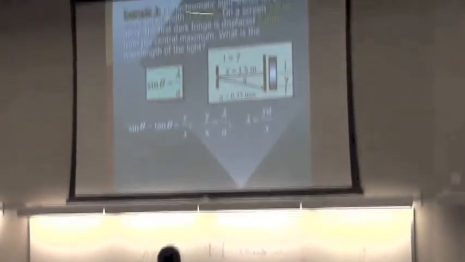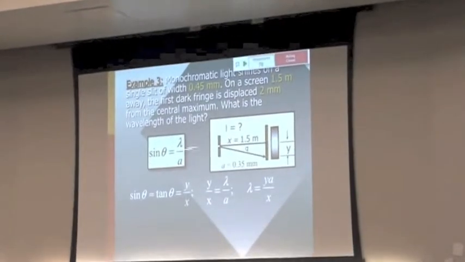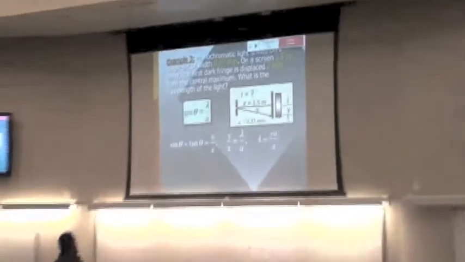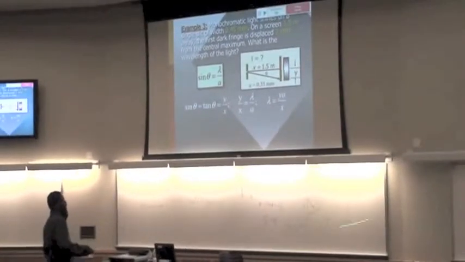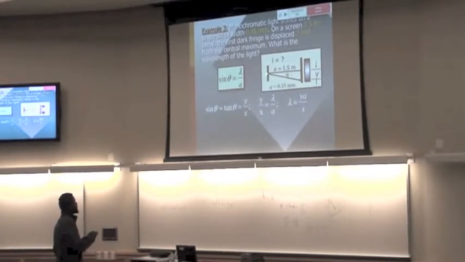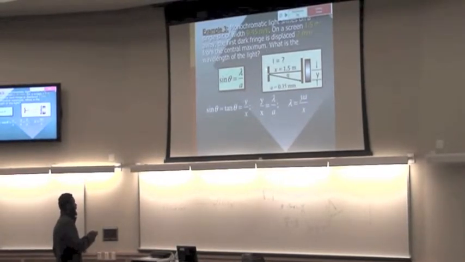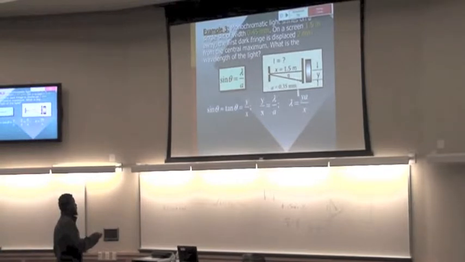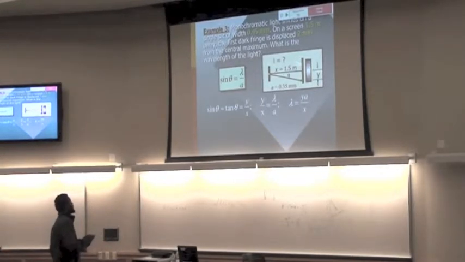Okay, so here we have an example. Again, we have this single slit here. We know the width of the slit is a. We know the distance the screen is from the slit, and in this case, he asks what is the wavelength of light.